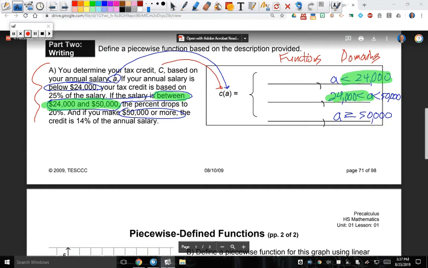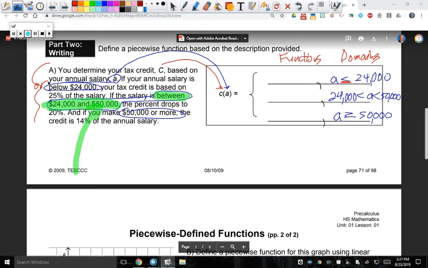But on this one, because of what I highlighted here in green, I would go and change this to be equal to, and I want you to do that. I know what it says, I know what it reads, but I want you to change it because of what I told you the default of between means. Okay? Alright, so it's almost like saying 24 or below. Equal to 24,000 or below.